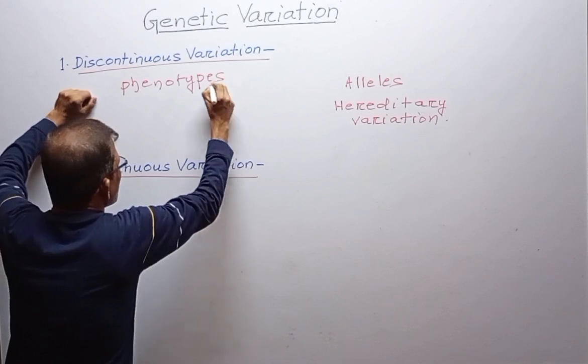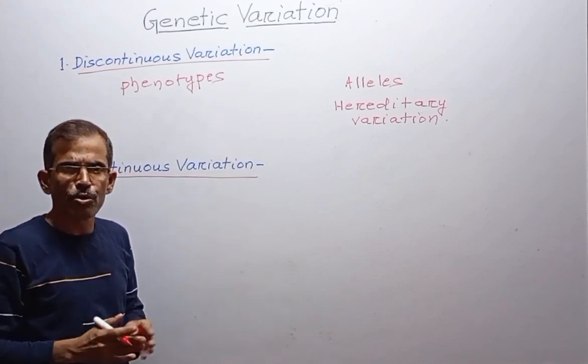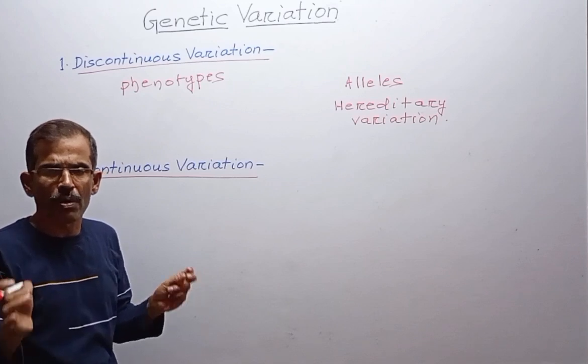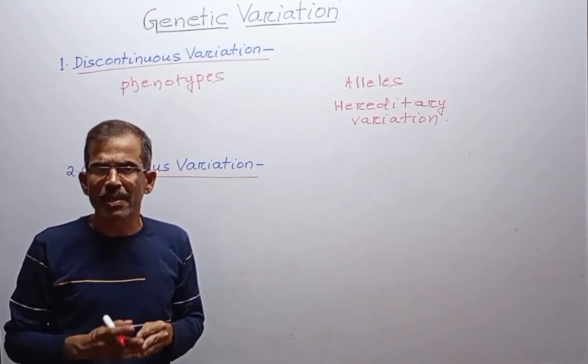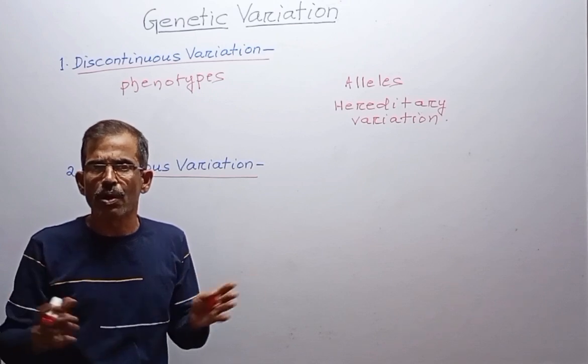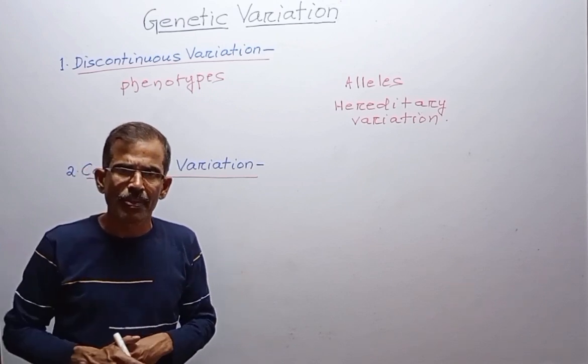Blue eyes and brown eyes are phenotypes. Similarly, blood group A or blood group O are also phenotypes. Such alternative phenotypes are often found to be encoded by two different alleles of one gene.